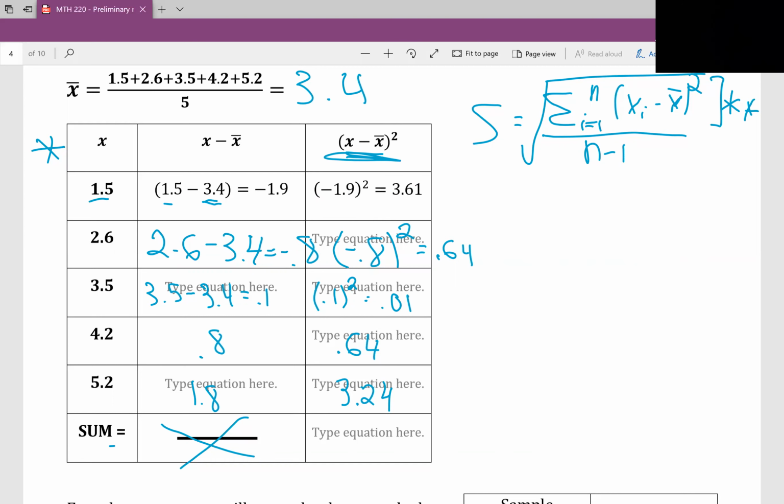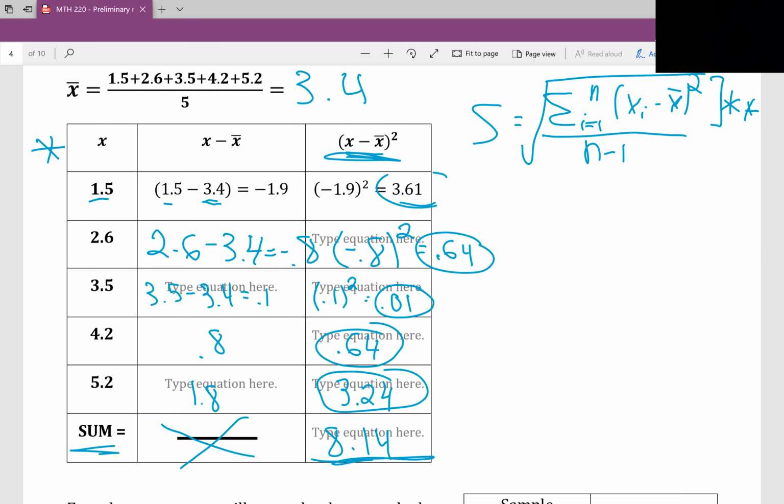In this very last box here, we take each of these values we calculated and we add them up. And when you add them up, you should get 8.14. All right, so now we have the numerator of this S calculation.